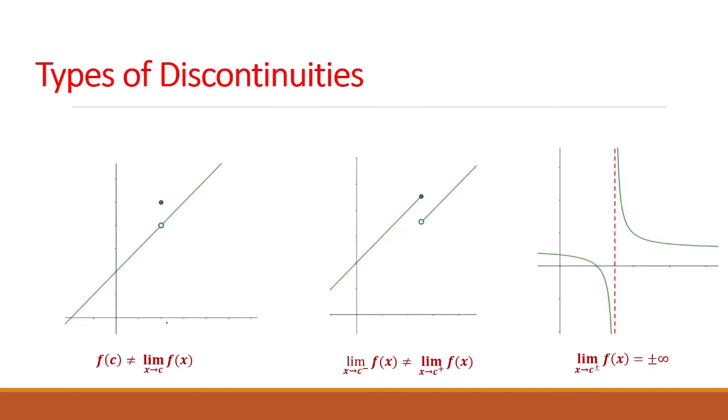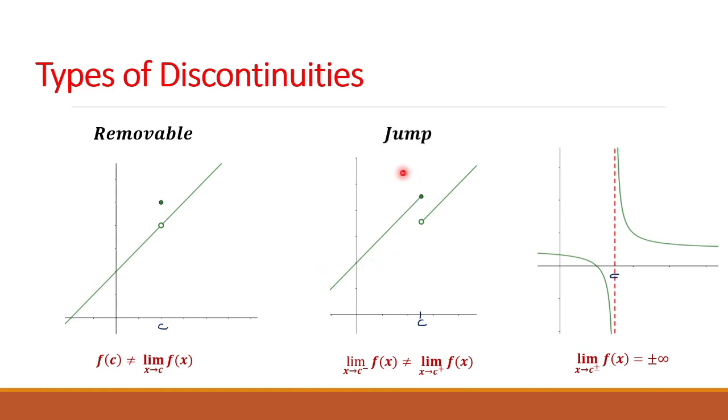This graph shows some of the examples of the types of discontinuities. So let's say this is c. Now, for the first graph, this shows a removable discontinuity. As we can see, the limit exists and is not equal to f of c.